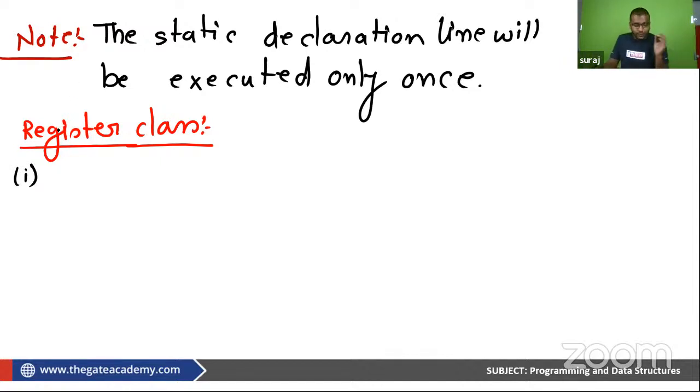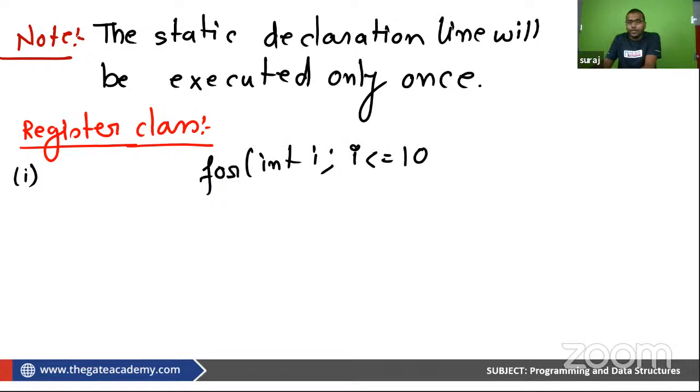Let me first go see register. I'm just explaining what register is. Notes I will give later. Why do we use register variables? If you want to declare a variable of register class, you should choose a variable which is often used. Like if you are writing for int i less than or equal to 10, i++.